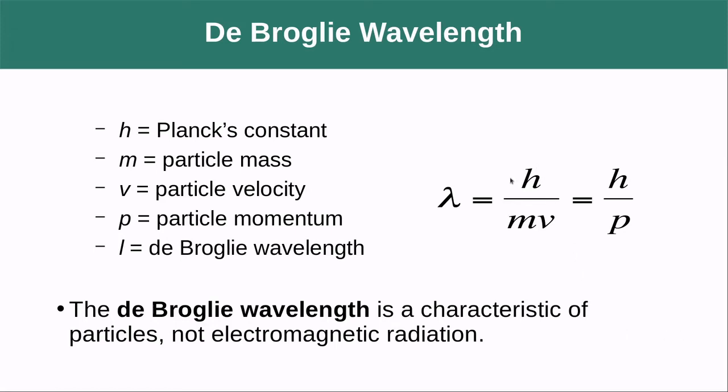It's Planck's constant divided by the mass of that particle times the velocity of that particle, or Planck's constant divided by the momentum, because mass times velocity is equal to momentum. This wavelength is a characteristic of a particle, not actually electromagnetic radiation like we saw wavelengths be before.